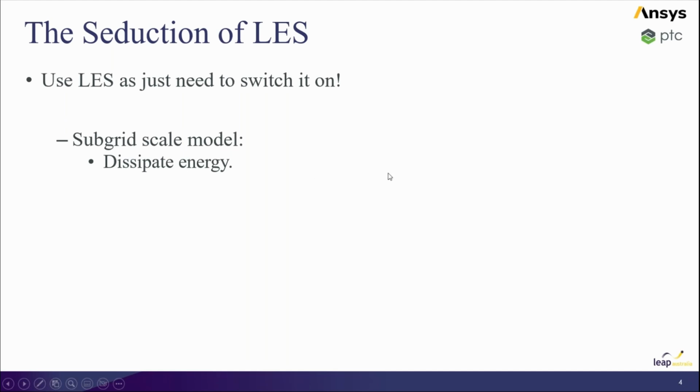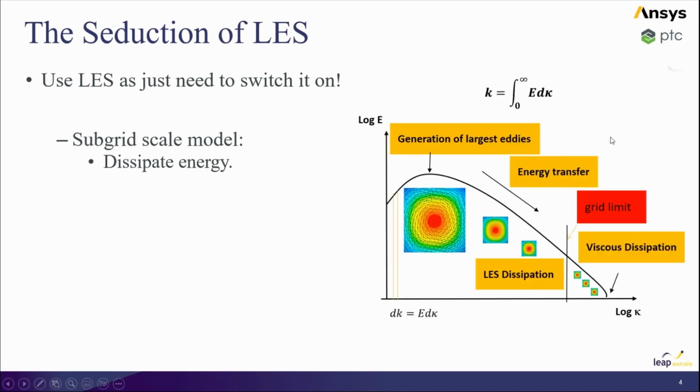You're going to have to provide it with a subgrid scale model, which is going to dissipate the energy that we can't resolve. And so this is the famous picture where, as we go along the bottom, we're going from large eddies to small eddies, and up the vertical axis, we've got the energy contained in them. And the size of those large eddies, essentially where the peak is, is determined by your geometry.